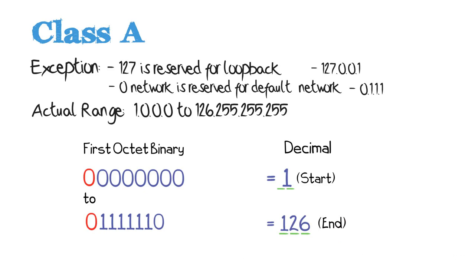Notice that on my PC, as an example, if I go to the local area connection properties and select IPv4, and then I try and configure an IP address of 127, the PC tells me that that's not possible. IP addresses starting with 127 are not valid because they are reserved for loopback addresses.